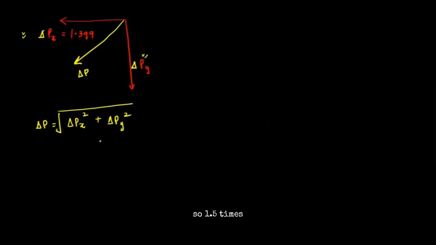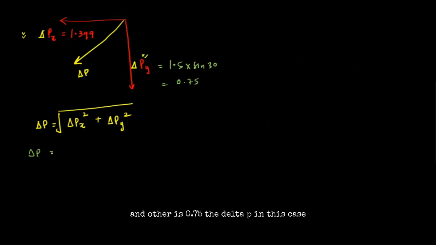So 1.5 times sine 30, and sine 30 is half. That comes out to be 0.75. So one is 1.399 and the other is 0.75. So delta p in this case, we just have to square all of them and add them. So just do it and tell me what we are going to have.